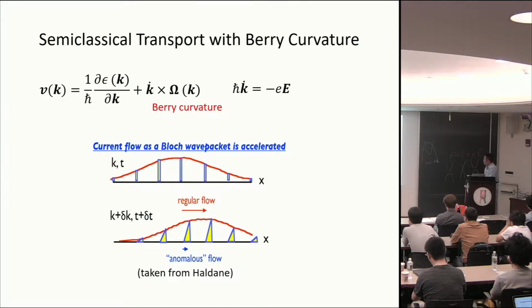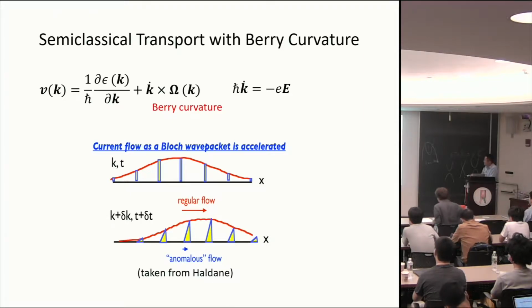all these interesting phenomena of the anomalous Hall effect and the quantum anomalous Hall effect. So one way to think of this is the following: we know that the electron wave function has an envelope part and a part which is within each unit cell, right? So this first piece, the group velocity, only describes the center of mass motion of a wave packet that is related to the envelope function.